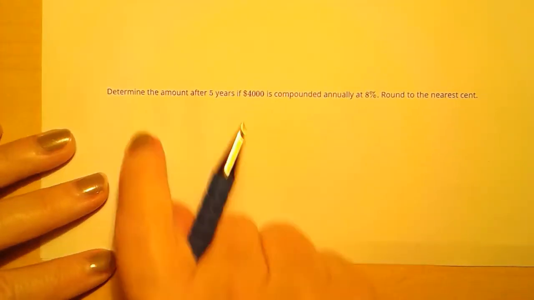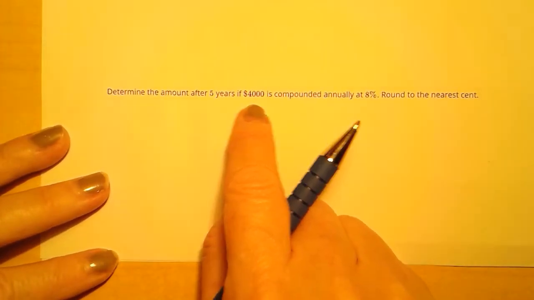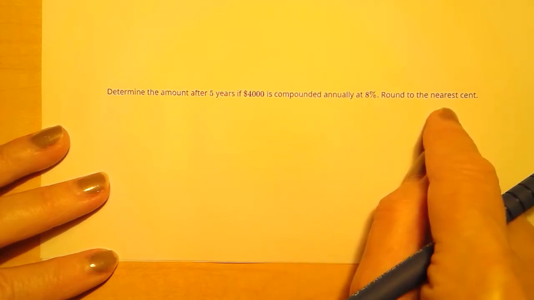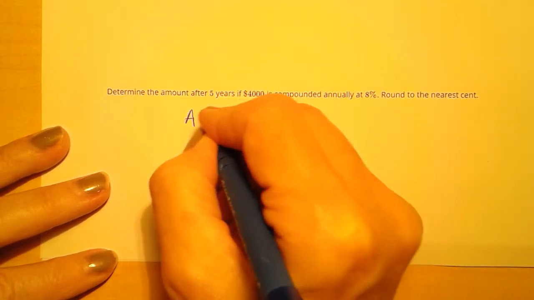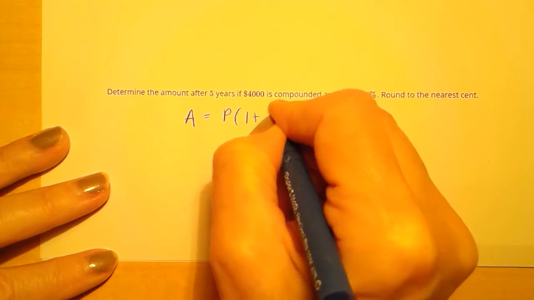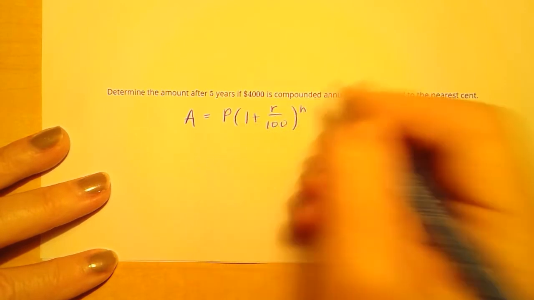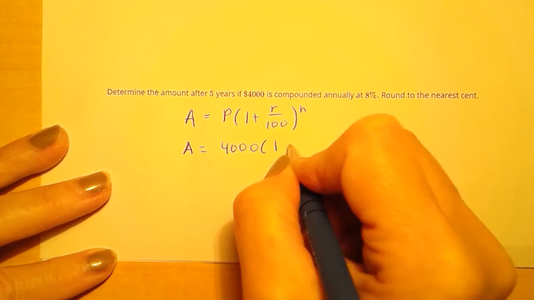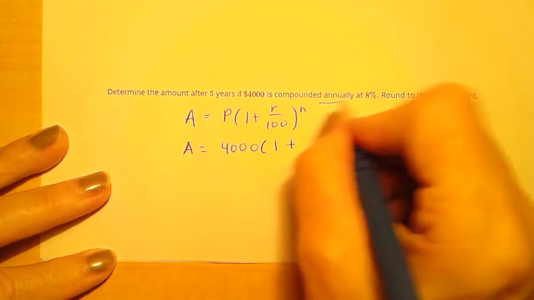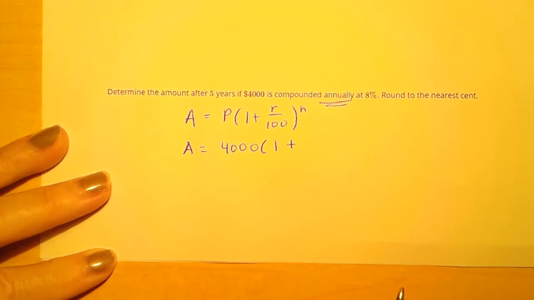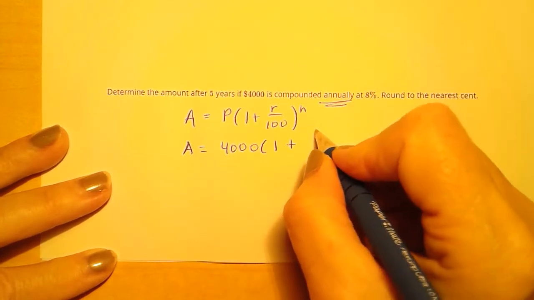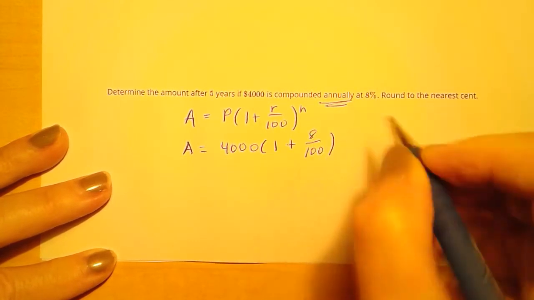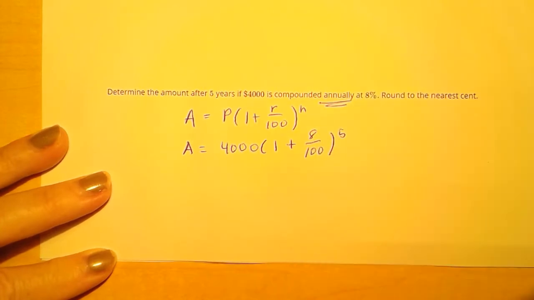Now let's look at this question. It says, determine the amount after 5 years if $4,000 is compounded annually at 8%. That's easy. We're going to use our formula, and I'm going to put in everything I know. 4,000, 1 plus, now it's compounded annually, so I don't need to worry about the nonsense I did up there. 1 plus the rate, 8 over 100, and how many years? 5 years. And this is just a calculator job, girls.